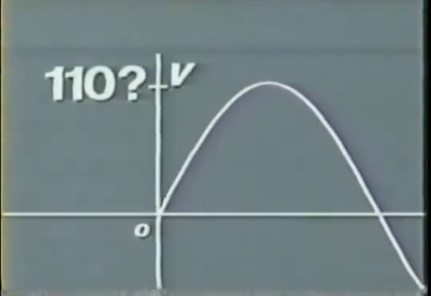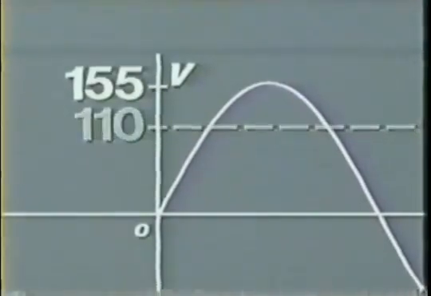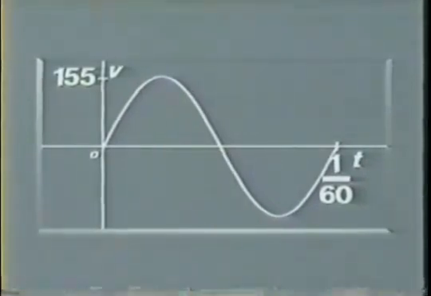To get an effective value of 110 volts, the peak must be higher to compensate for when the voltage is below 110. Actually, the peak value is 155 volts, and the alternating current swings between plus and minus peaks of this value.